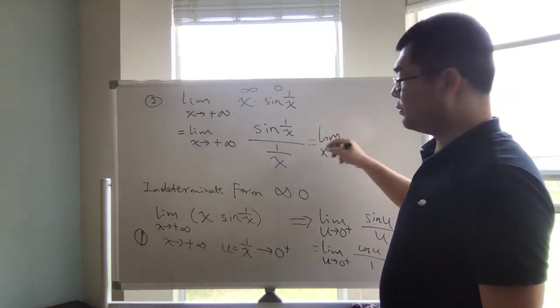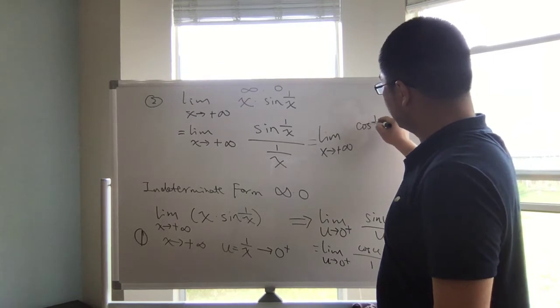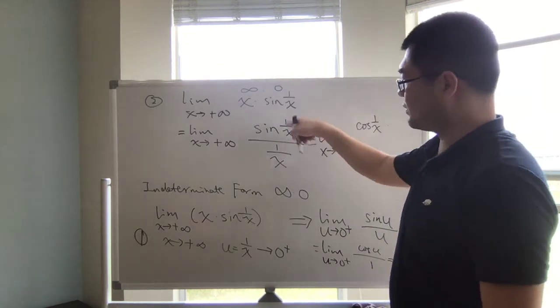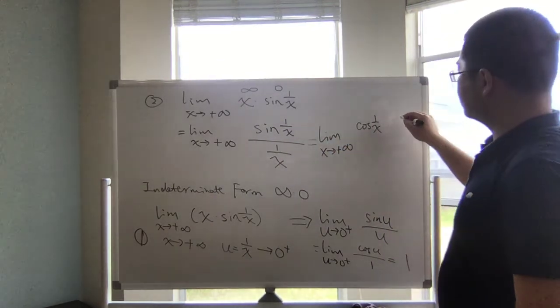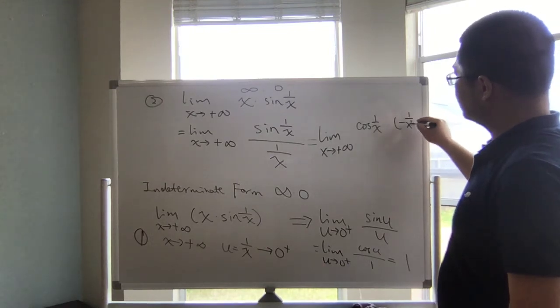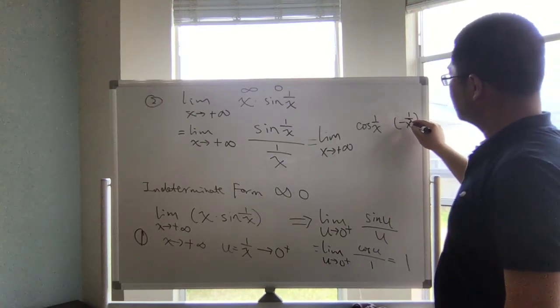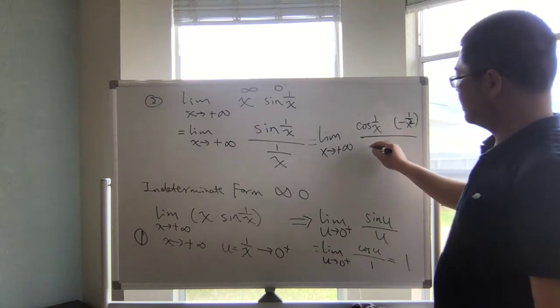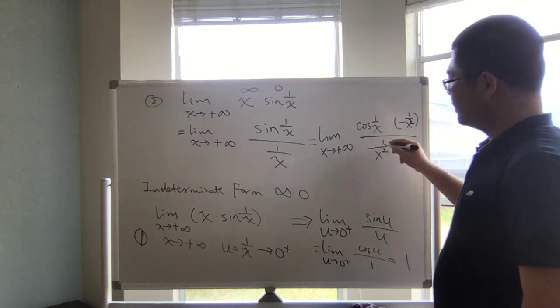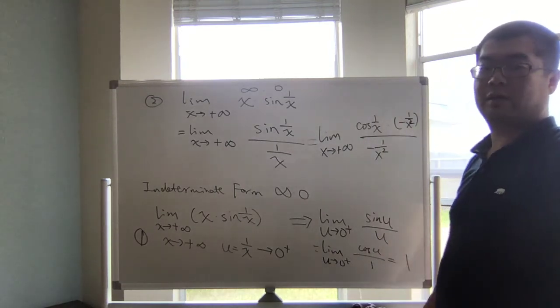The derivative of the top is cosine of 1 over x, times the derivative of 1 over x, which is negative 1 over x squared, over negative 1 over x squared, right?